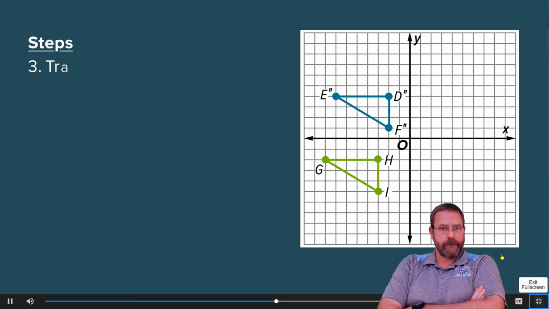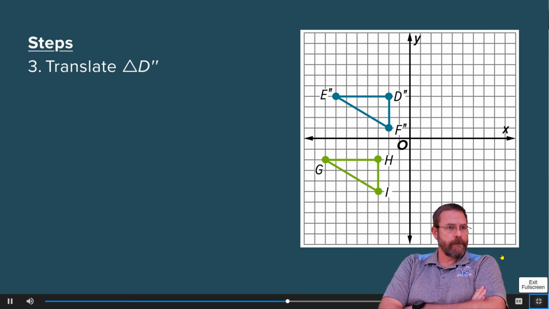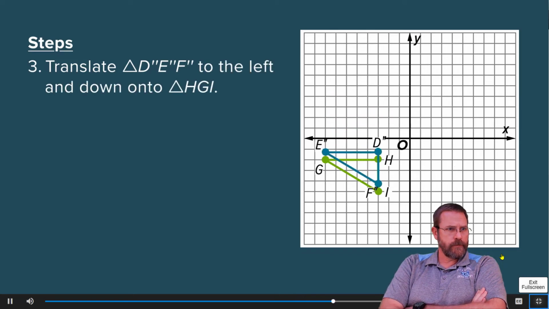Lastly, translate triangle D double prime, E double prime, F double prime to the left 1 unit and down 6 units so that it maps exactly onto triangle HGI.